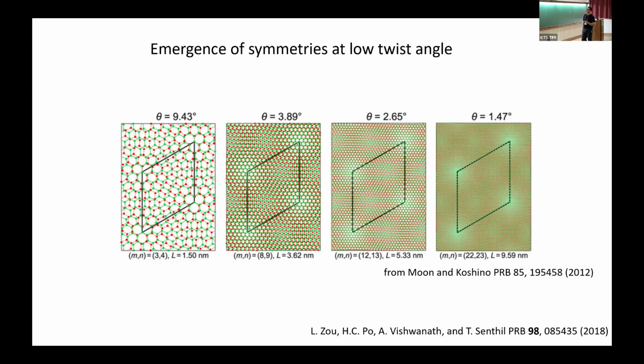But the moment you go to these small angles, this sort of merges into almost a continuum-like image. And in fact, if you were to do a brute force tight binding calculation on a model that contains something like 10,000 sites.